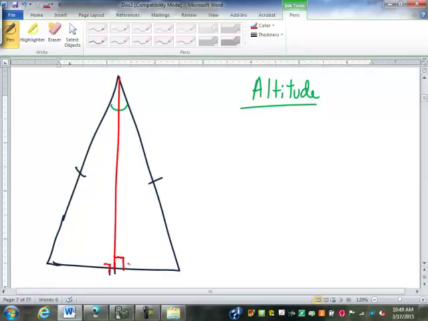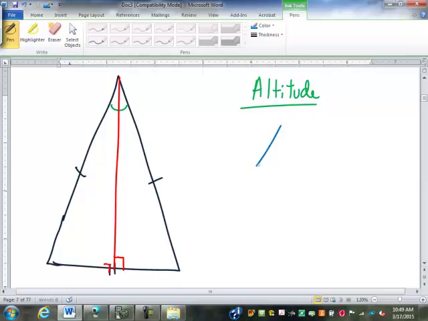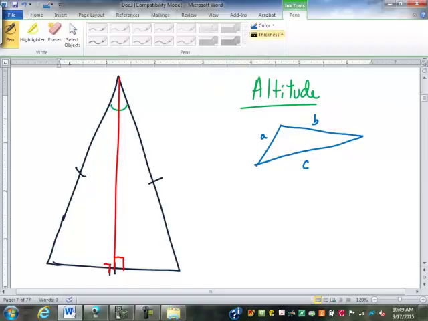But because this is an isosceles triangle, it does a lot of special things. First of all, in any triangle, if I label these sides A, B, and C, which side is going to be the longest? C is obviously the longest. The relationship is that the longest side is always opposite, or across from, the largest angle.